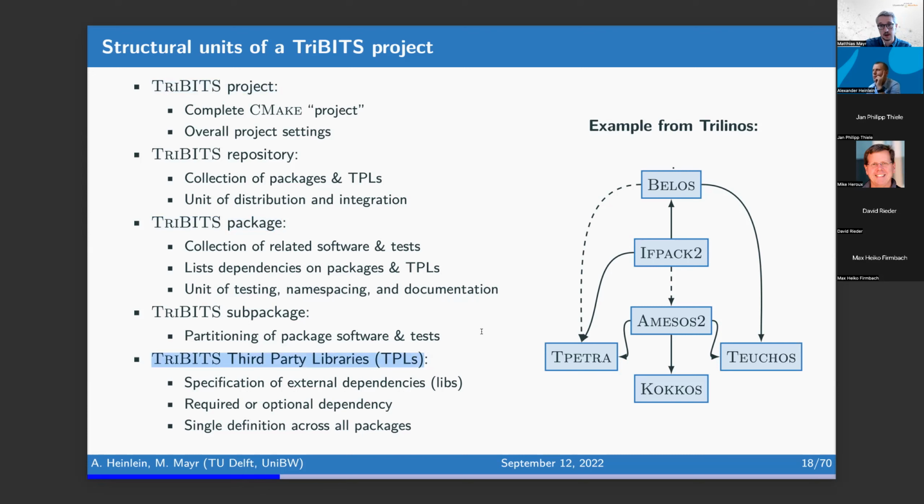If we now look at an example from Trilinos, I drew up here a small dependency diagram where I say, okay, I want to set up an installation where I use iterative solvers from Belos, preconditioners from Ifpack2. The linear algebra should come from Tpetra, and then I might also need some direct solvers.